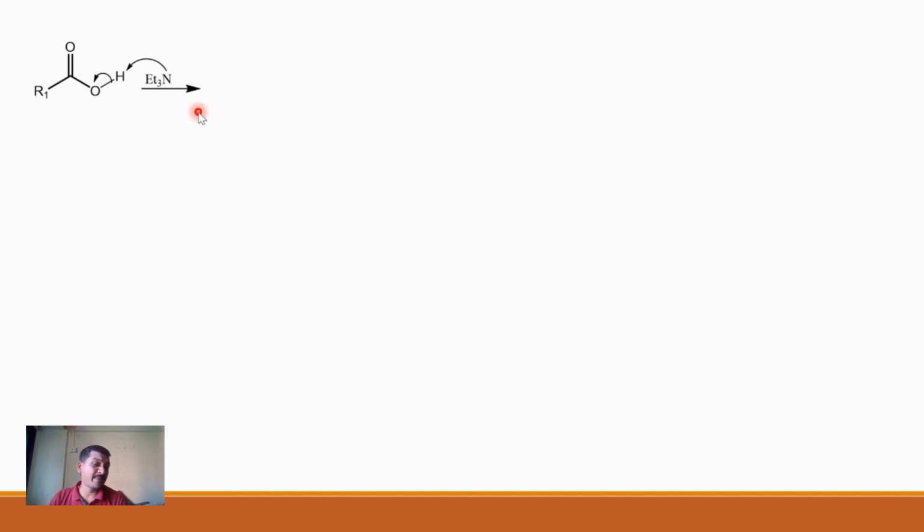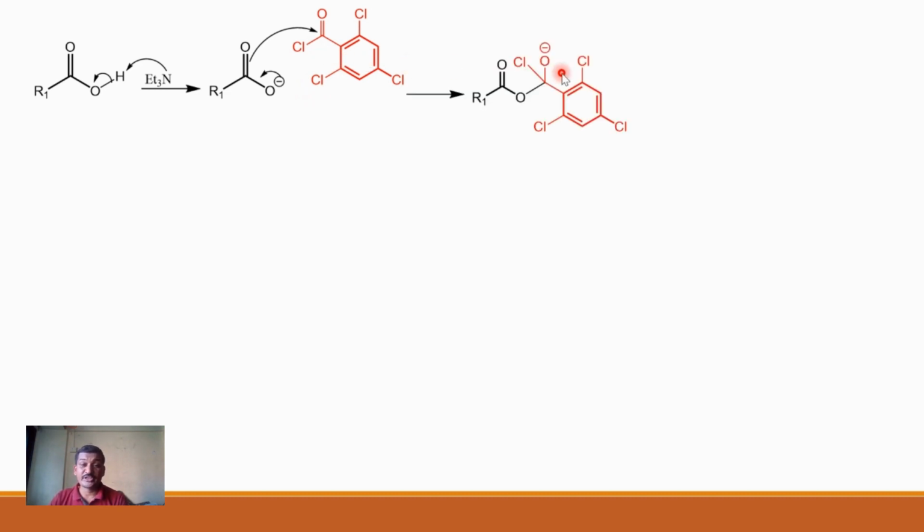The first step is the same as in Mukaiyama esterification, where the base abstracts the proton and you get the carboxylate ion. Now this carboxylate ion attacks the carbonyl carbon of the Yamaguchi reagent, 2,4,6-trichlorobenzoyl chloride, and you get this intermediate. Then the oxyanion shifts here, chlorine goes out and you get the mixed anhydride.